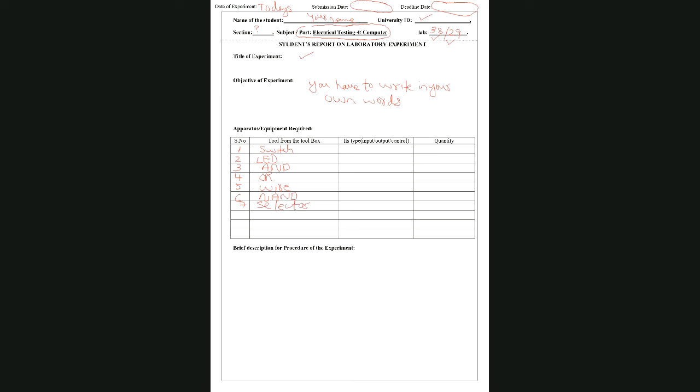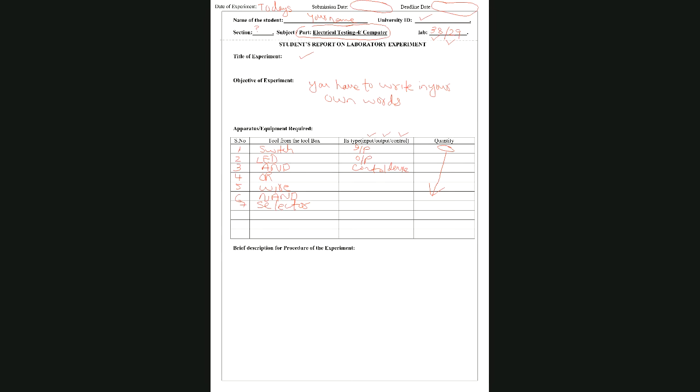And what is a switch? Is it an input device or output device? You have to write whether it is input, output or control. For example, switch is an input device, LED is an output, and AND is a control. In the experiment I will show you how to find out which is input, output and so on, and the quantity you have used in this experiment you have to mention here. So I think this slide is clear.